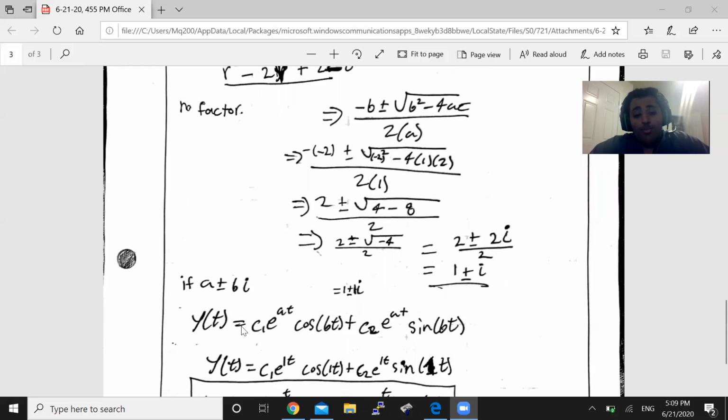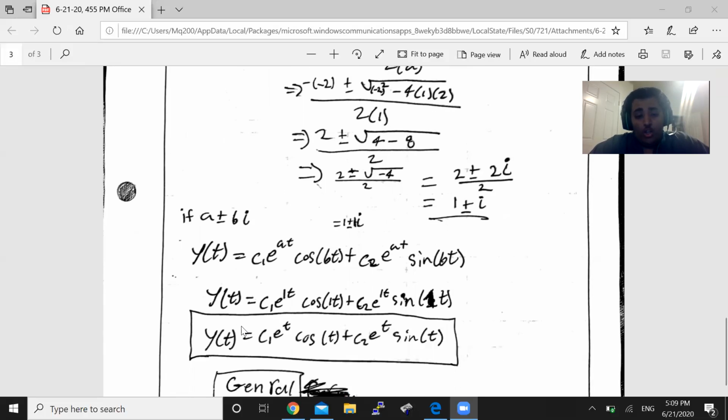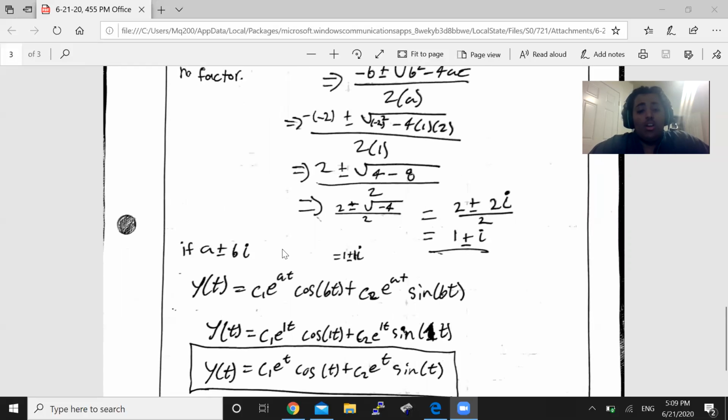If you end up in this situation where you have an a plus or minus bi form, your equation is going to be c1 e to the power of at cosine of bt plus c2 e to the power of at, again, sine of bt. It's kind of repetitive.